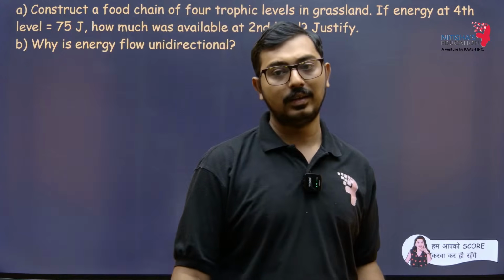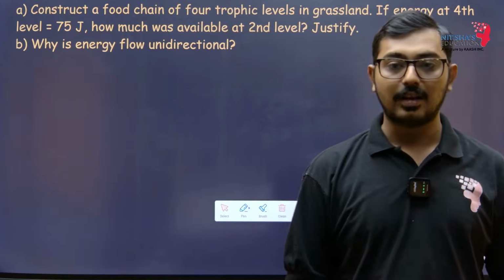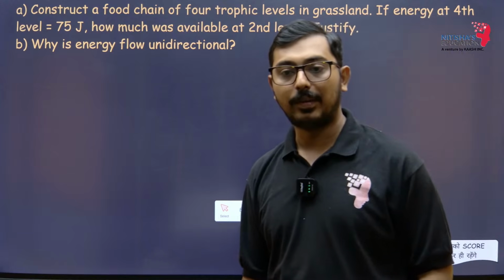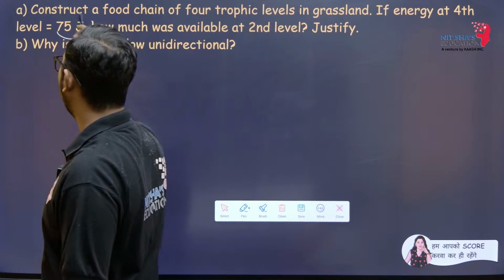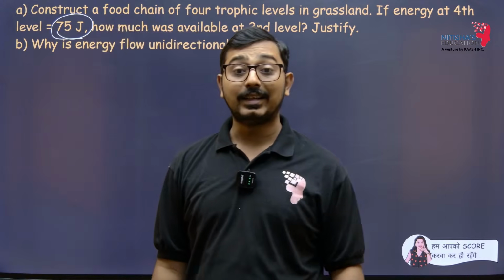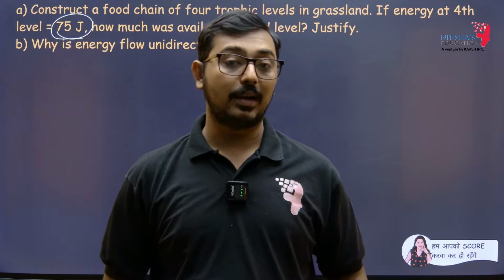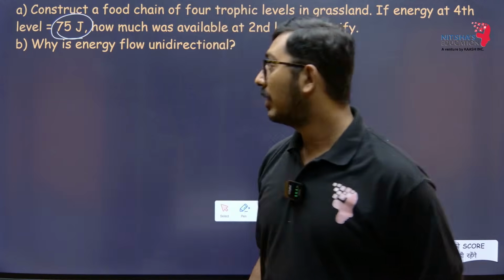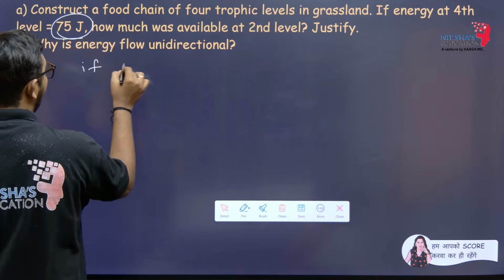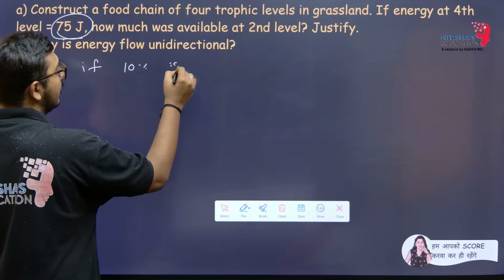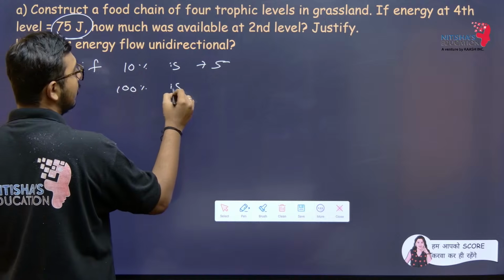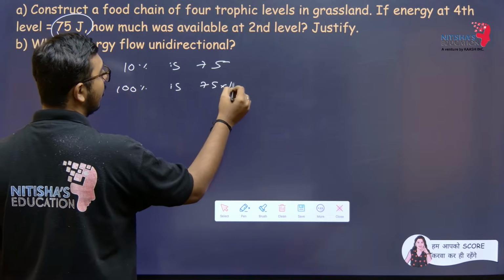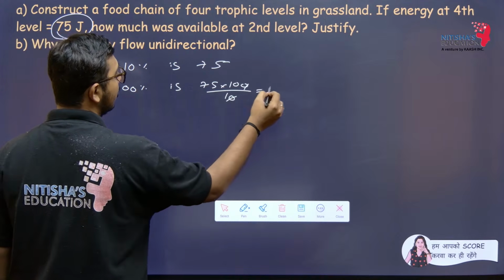The 10% law. 10% energy is transferred to the next trophic level. So if 75 is at the 4th trophic level, that is 10% of the 3rd trophic level. If 10% is 75, then 100% is 75 multiplied by 100 divided by 10, which is 750.